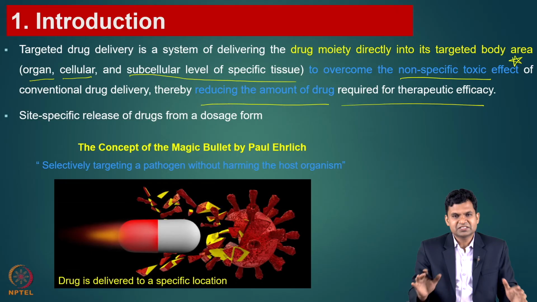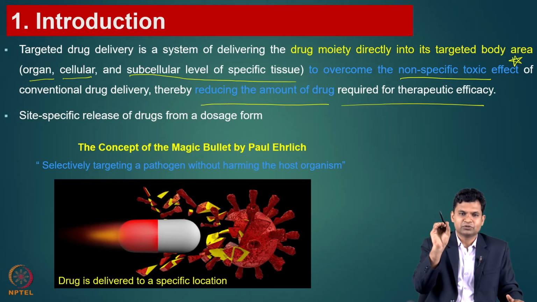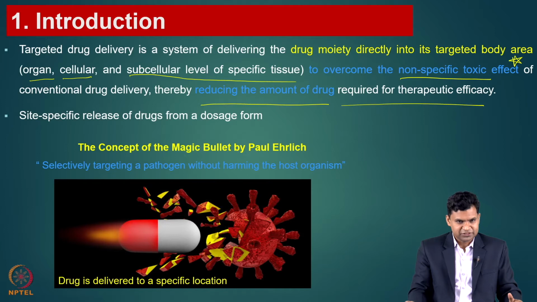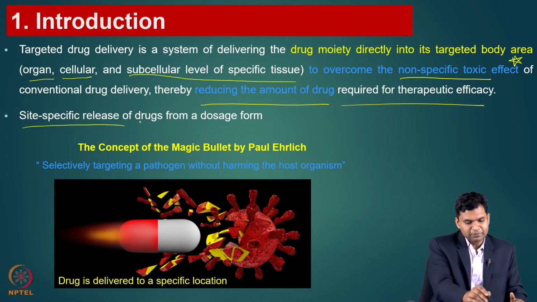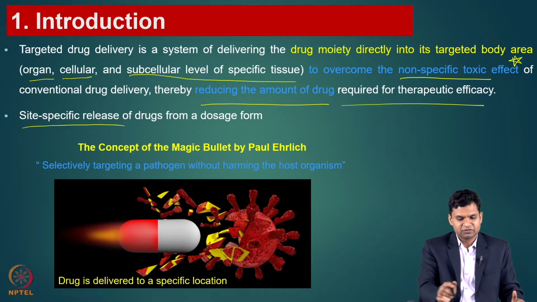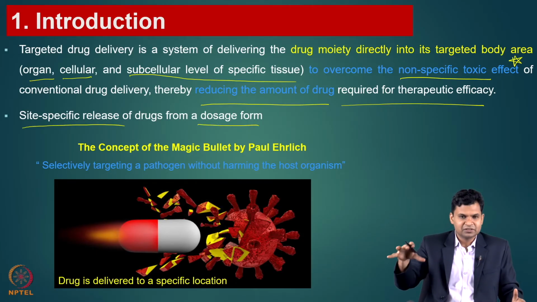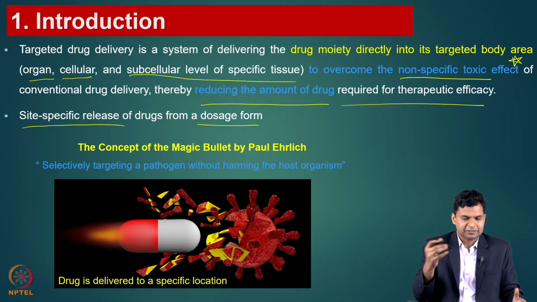With targeted delivery systems, we can target our molecules to the specific site to overcome the non-specific toxic effect of the formulations. These also play a major role in site-specific release of the drug from the dosage form based on the pH, the temperature and the environment. So, it will release the drug.